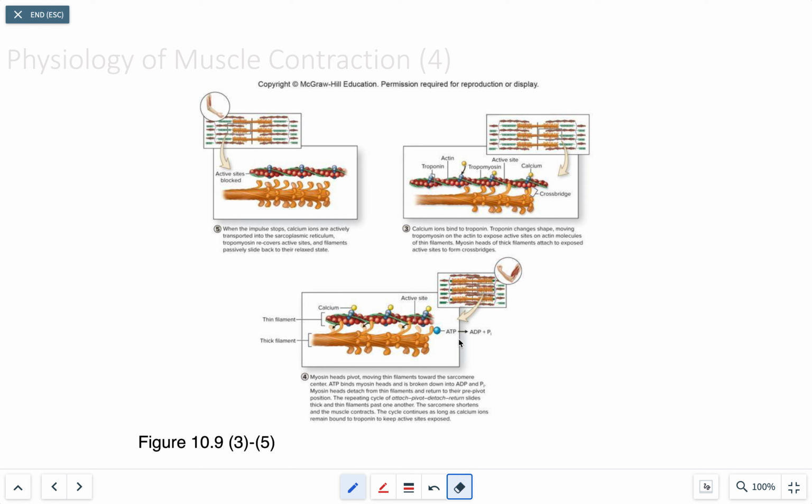This cycle will continue, or contraction depends on three things: the duration of the stimulus of the action potential coming into the neuromuscular junction, the amount of calcium that's freely available to bind to troponin, and the availability of ATP to allow for the pivot or cross bridge and the contraction cycle to occur.